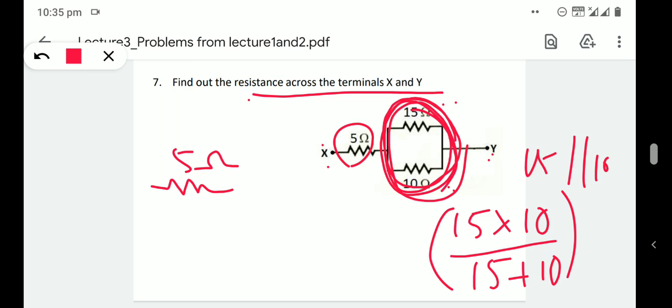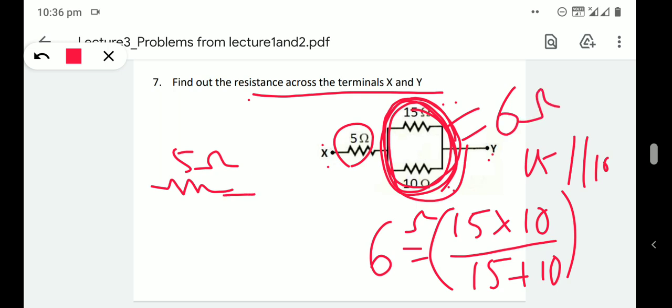This is equal to 15 into 10 divided by 15 plus 10. 15 plus 10 is 25, and 25 into 6 gives 6 ohms. So the parallel combination of 15 ohm and 10 ohm is equivalent to 6 ohm resistance.